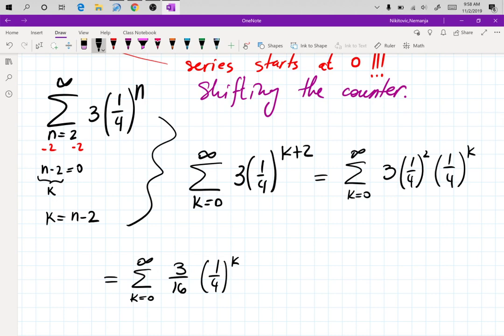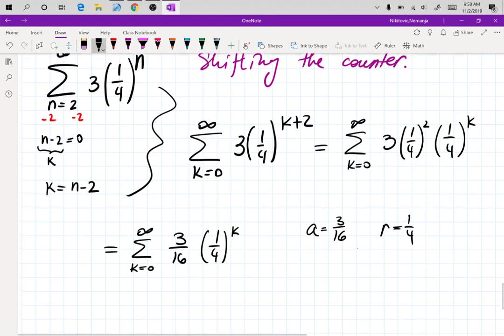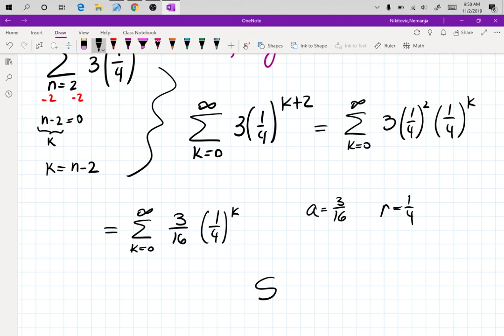So those extras are now in a, so your a is 3/16. Your r is 1/4, and you can finally calculate the sum as 3/16 over 1 minus 1/4, and that becomes 3/16 over 3/4. The 3's will cancel, and everything adds to 1/4.